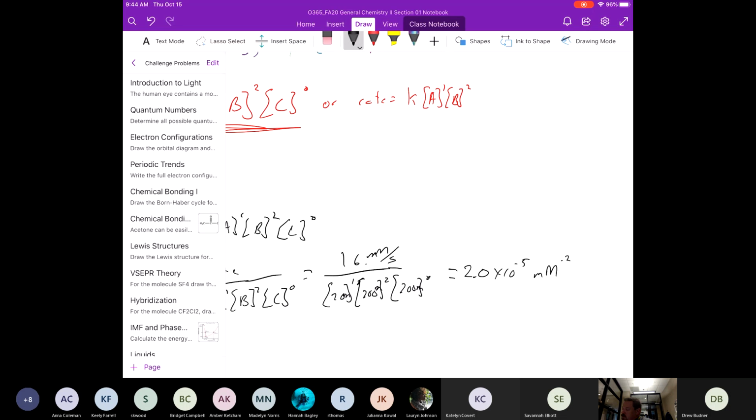Millimolar to the -2 seconds to the -1, because we have 3 millimolars on the bottom, 1 on the top. So 1 minus 3 is -2. So that's going to be our rate constant.